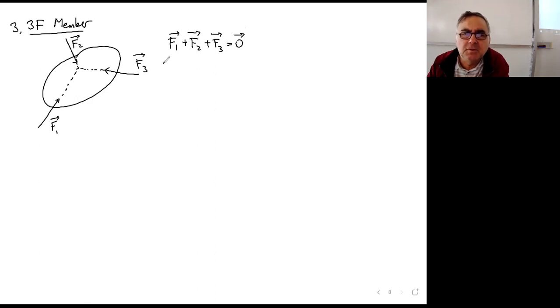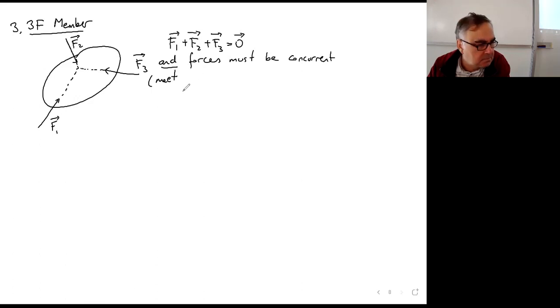And also, the forces must be concurrent, which means that they meet at a single point.